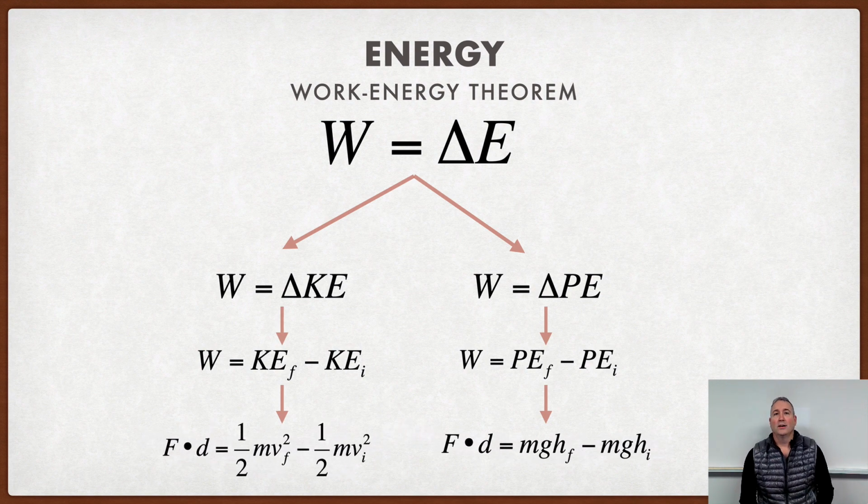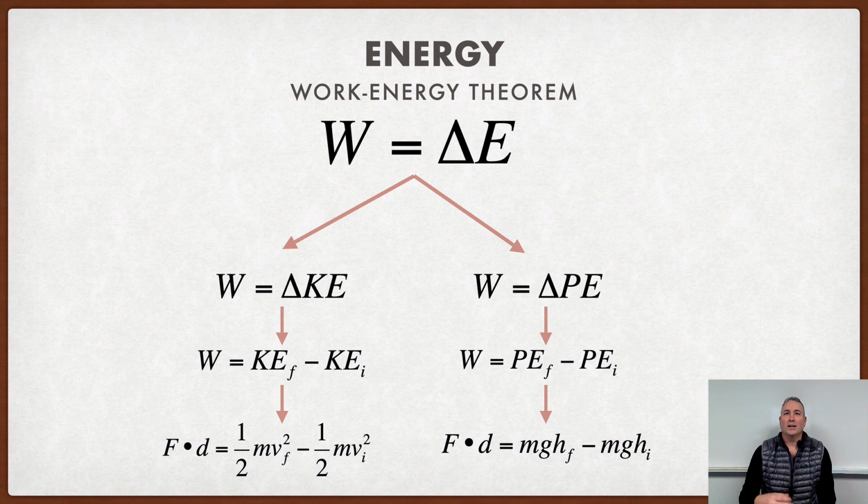So we can say that the work-energy theorem is FD equals 1/2 mv final squared, the final kinetic energy, minus 1/2 mv initial squared, the initial kinetic energy. The mass doesn't change, so the 1/2 m stays the same. In fact, we can factor out 1/2 m and just have v final squared minus v initial squared if we want to.